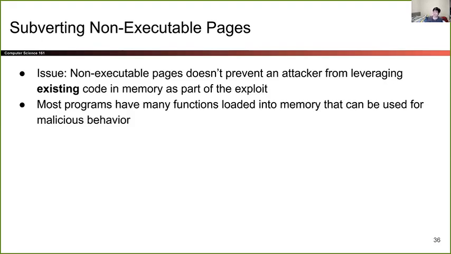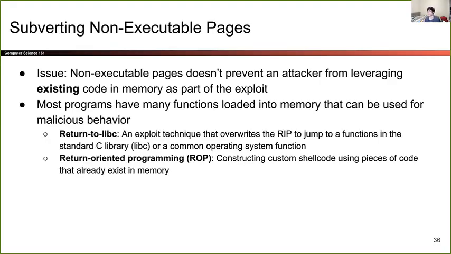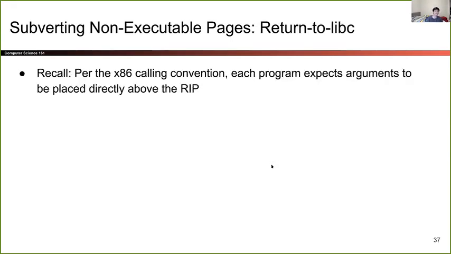Basically, it's going to load the C library, and the C library has a lot of functions that we can take advantage of. The 2 main subversion techniques that we're going to look at are return to libc and return-oriented programming. I won't go through these definitions now because I'll go through them in more depth on the next couple of slides.